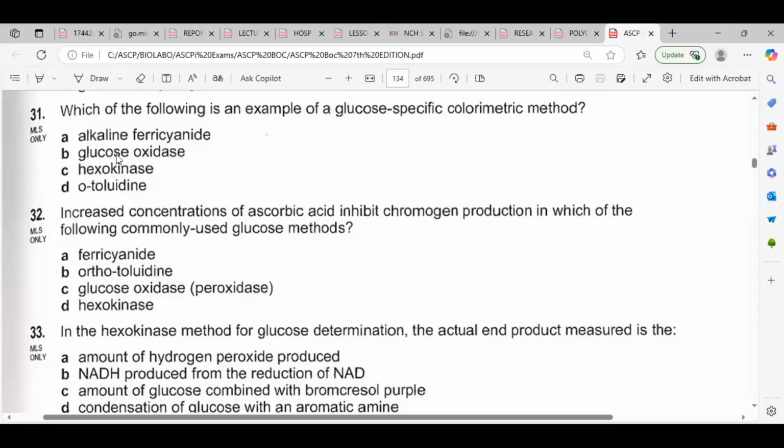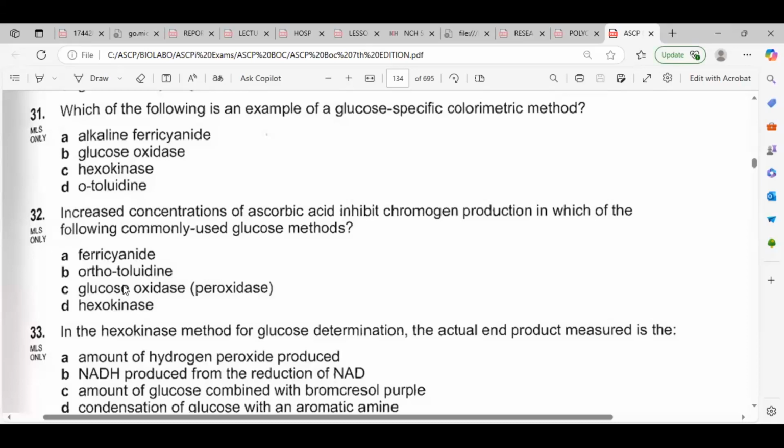That's where we talk about a chromogen, because the question says inhibit chromogen production. So it is glucose oxidase. I remember what happens in this mechanism.